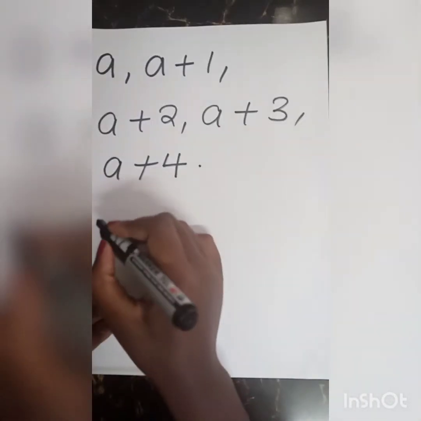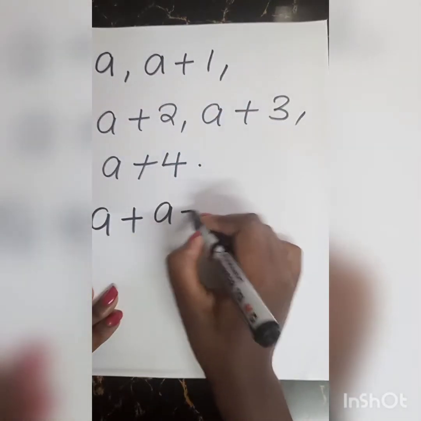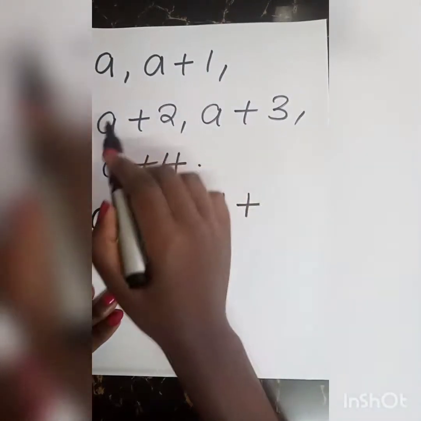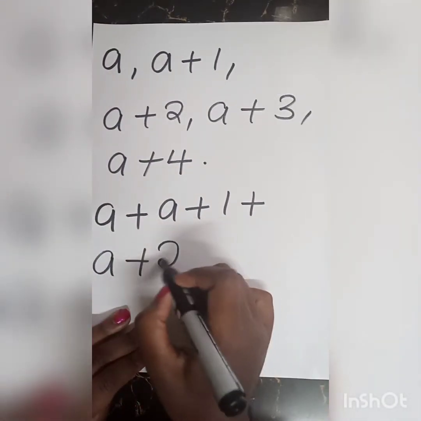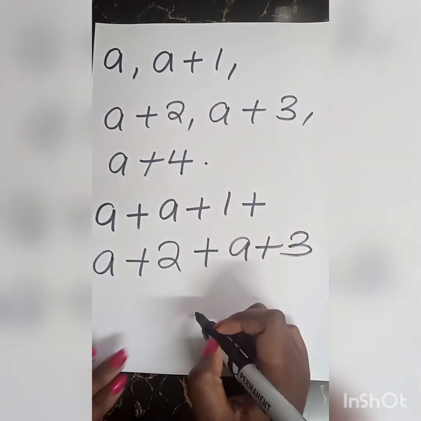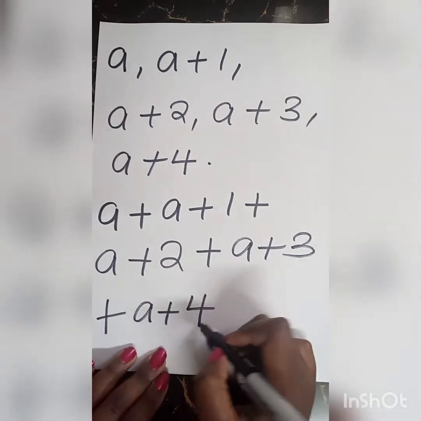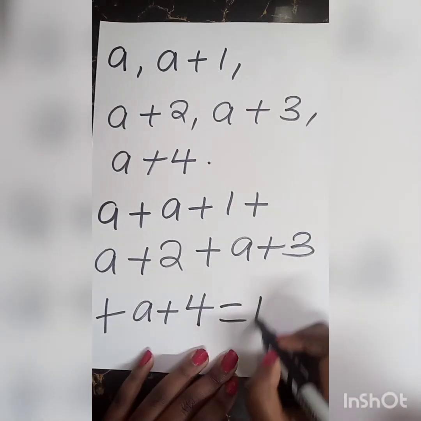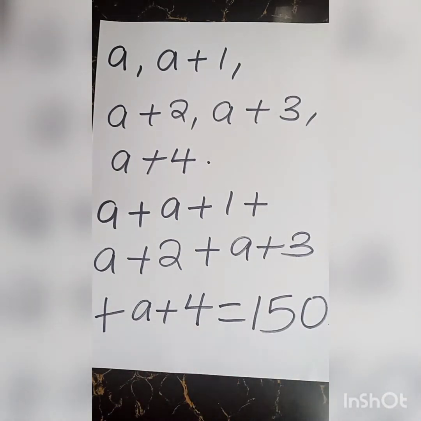A, which is the first number, plus the second number, A plus 1, plus A plus 2, plus A plus 3, plus A plus 4 is equals to 150.